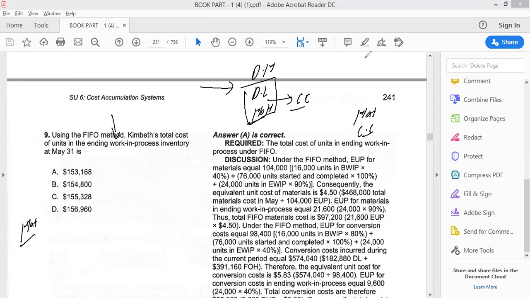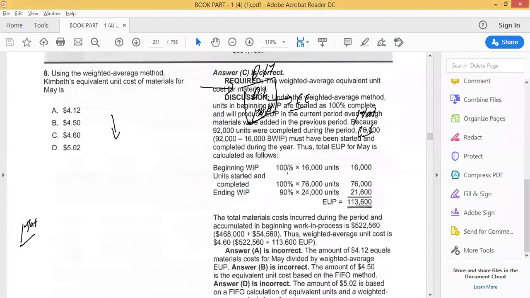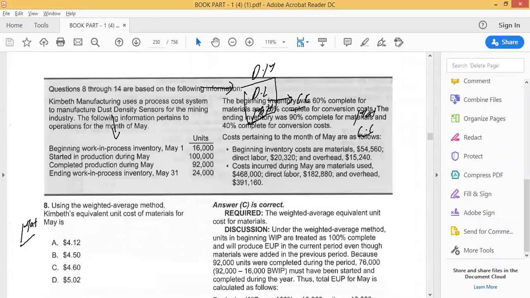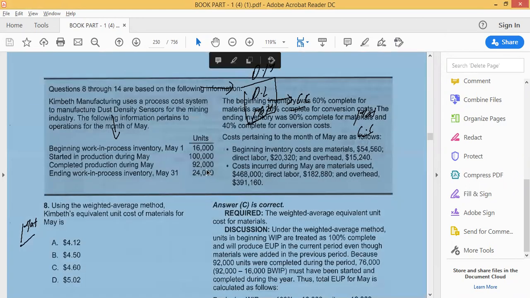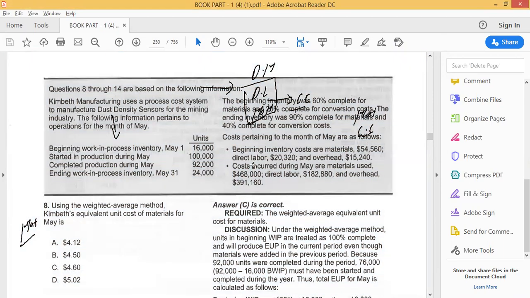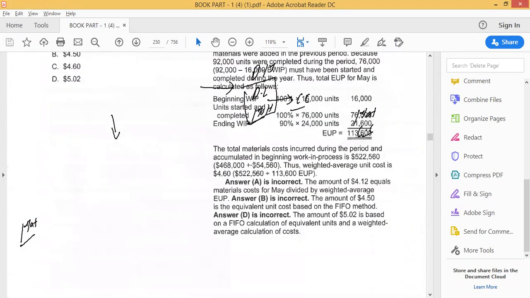For accuracy purposes, we can take a look at the question. We are having 24,000 units in closing work in process.